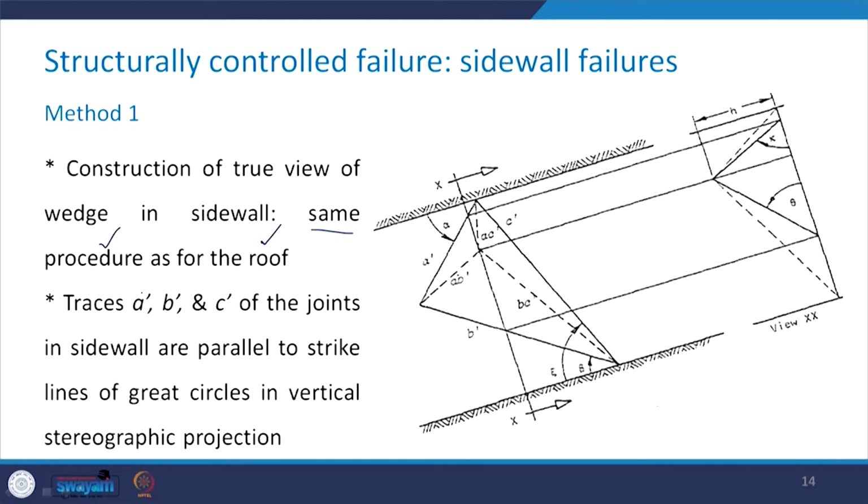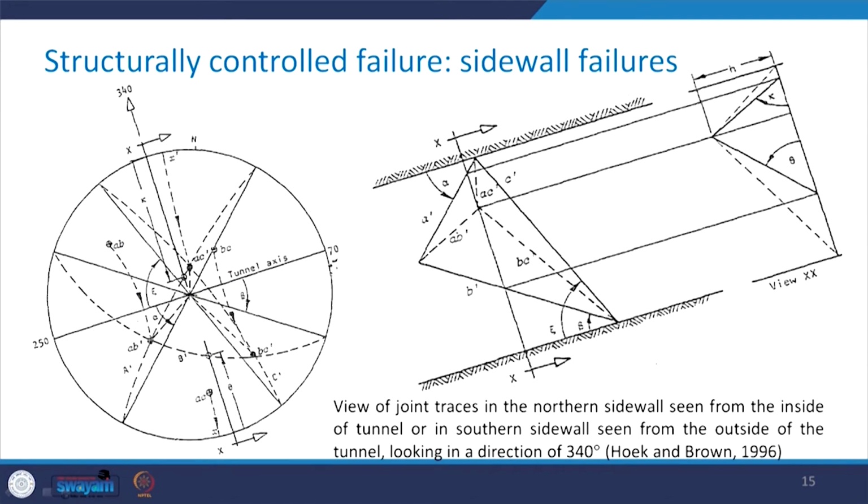So, these traces A prime, B prime and C prime of the joints in the side wall are parallel to the strike lines of the great circles in the vertical stereographic projections. So, here you see that we have these stereographic projections.